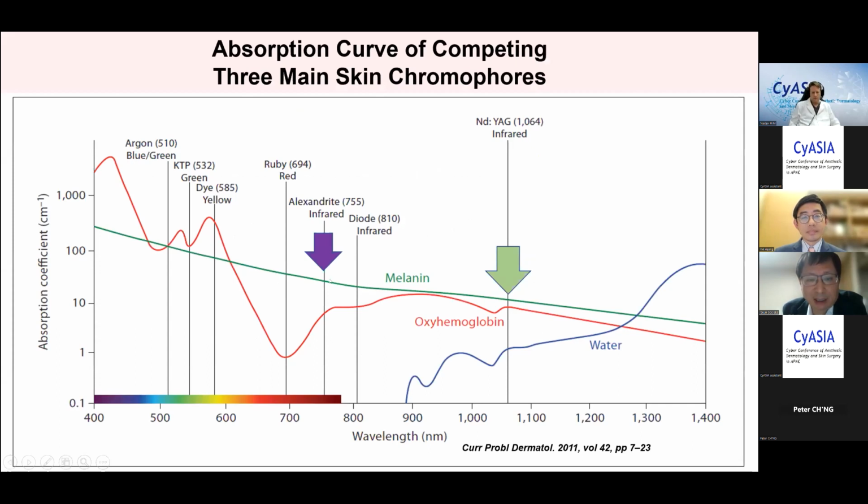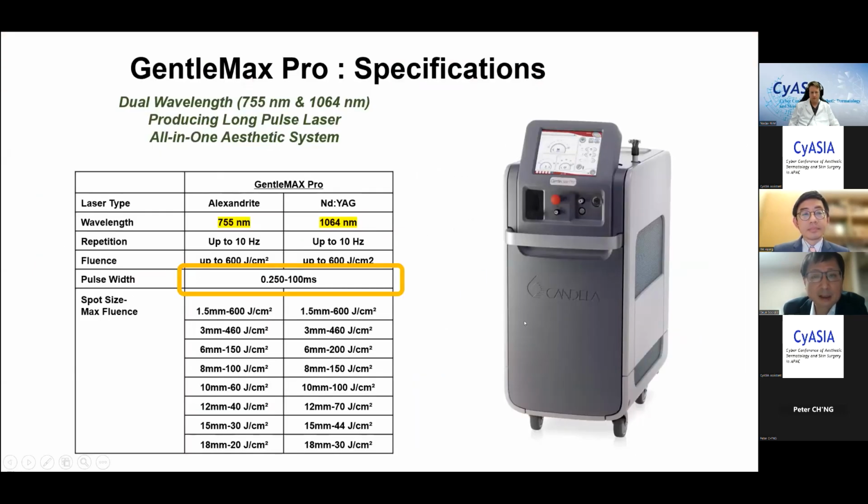The 755 is absorbed more by melanin than the 1064, so it is more effective for hair removal, but the 1064 nanometer is also effective to treat pigmented skin lesions, especially in skin types 6 and 5. I use the Candela GentleMax Pro.